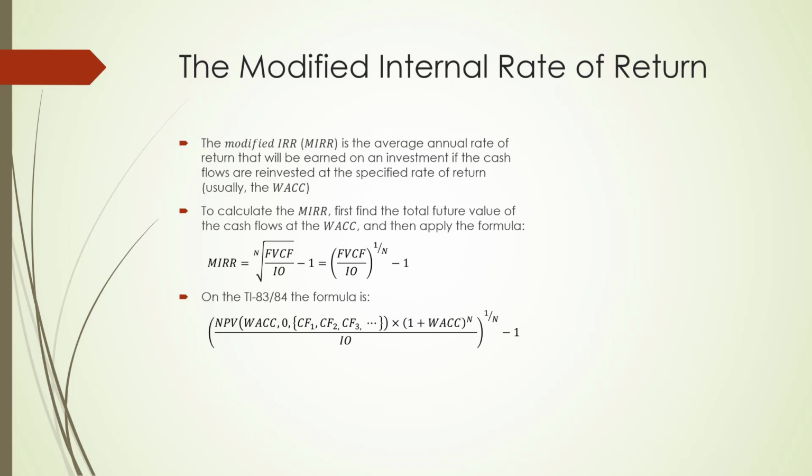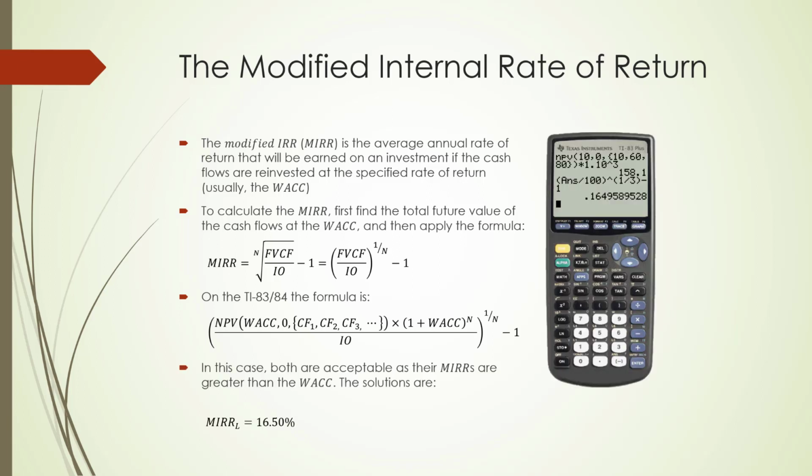N is the number of periods in the life of the project. So the numerator here is the future value of the cash flows. Divide that by the initial outlay, and then raise that result to the 1 over n power and subtract 1. Now, that seems complicated, but if you do it a few times, it's not that bad.